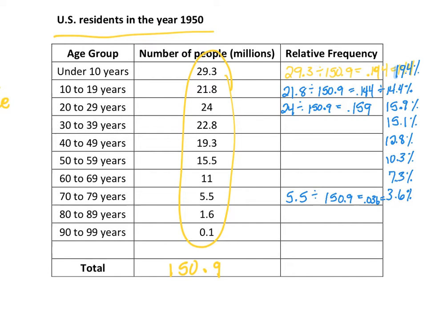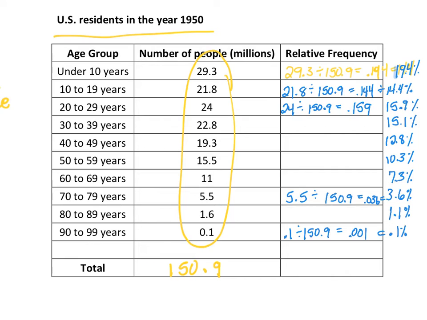And then 1.6 divided by 150 is 0.011, or 1.1%. And then 0.1 divided by 150 is equal to 0.001, which is equal to 0.1%.